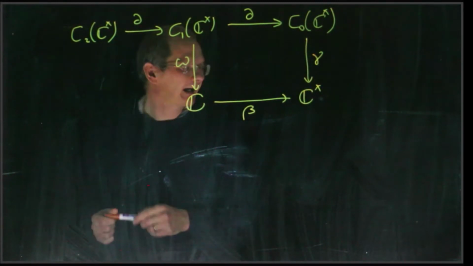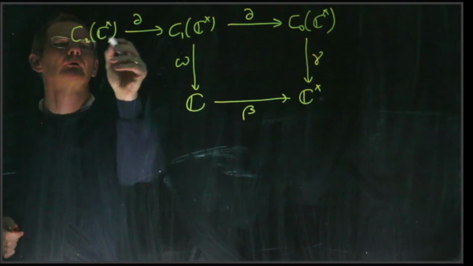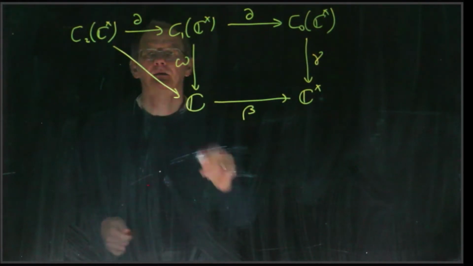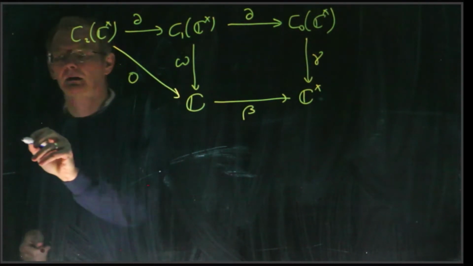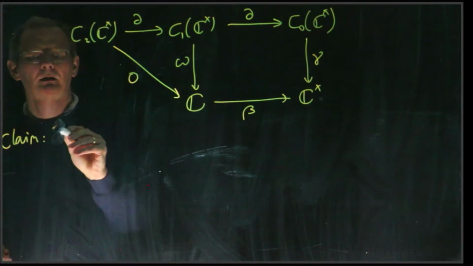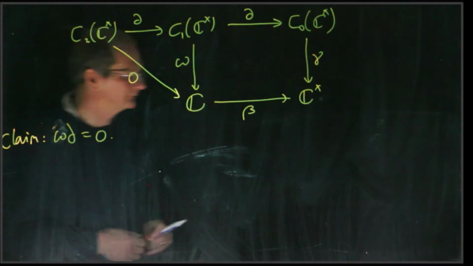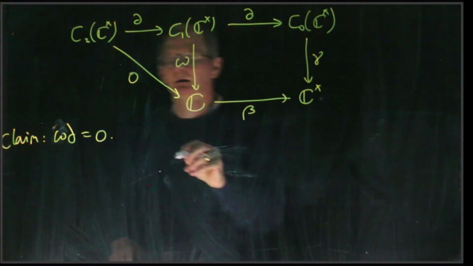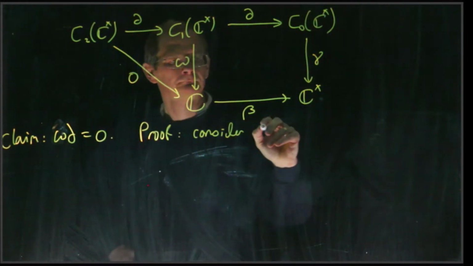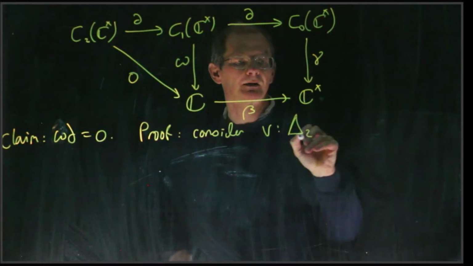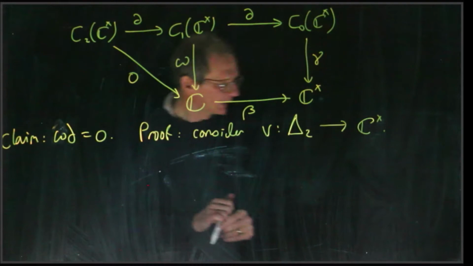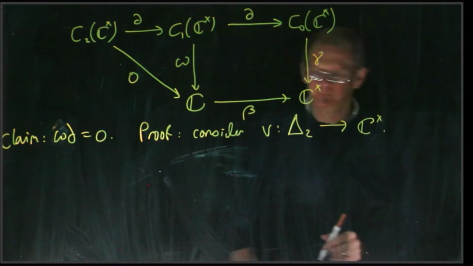Okay, so there's another thing I want to add to this diagram. The other thing we can do is d followed by omega here, and the claim is that this is 0. So let's consider some generator of this C2 thing. So this is a map from delta 2 to C cross.